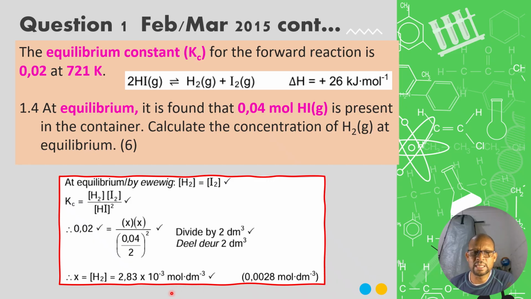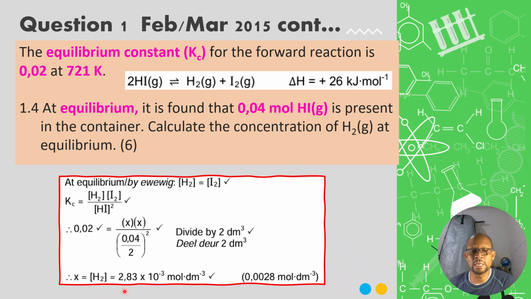Now remember that we used X as a placeholder to indicate the unknown. But remember that X indicates both the concentration for hydrogen gas and for iodine gas. So at the end, you need to identify that the value of X actually is also equal to the concentration of hydrogen gas. You can't just calculate here and then get X as an answer and leave it like that.